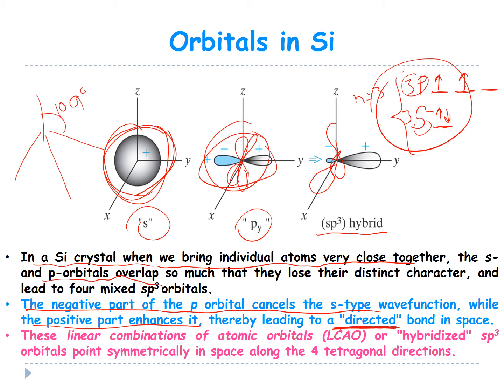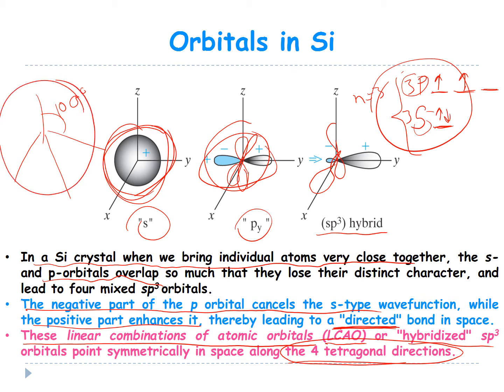Now, another new thing to understand here is these linear combinations of atomic orbitals. When you bring these atoms together, you form linear combinations, and we call them the LCAO, or hybridized sp3 orbitals, which point symmetrically in space along the four tetragonal directions to form this tetrahedral structure.